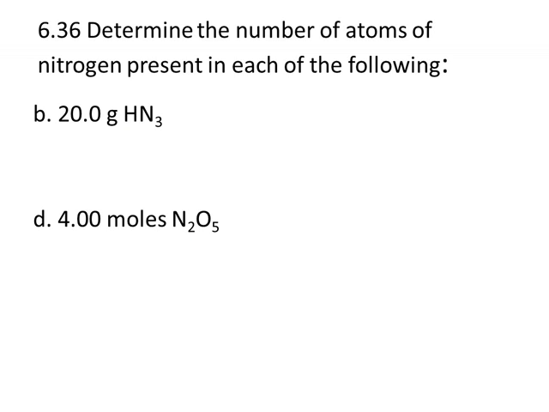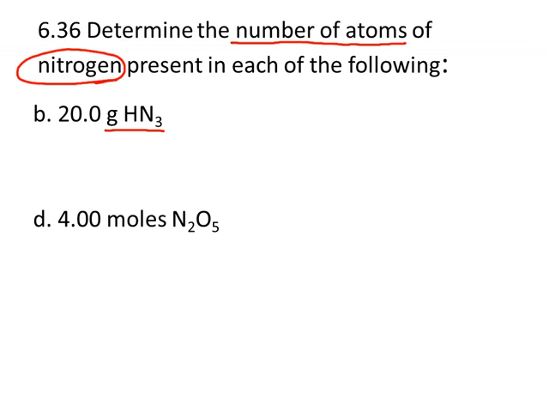Number 36. Determine the number of atoms of nitrogen present in each of the following. So here we are. We want to find the number of atoms, and we want to find specifically the number of atoms of nitrogen. And in this problem, we're starting with grams of something that's not just nitrogen.